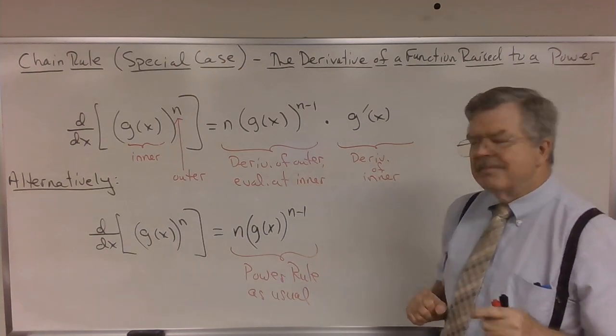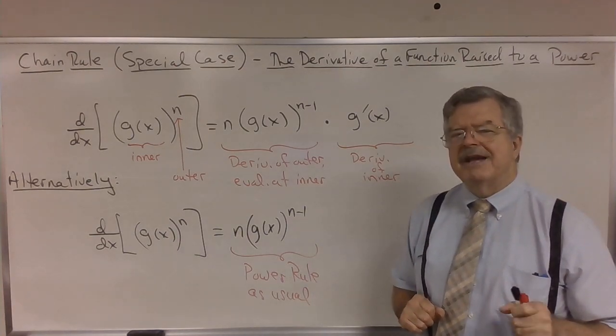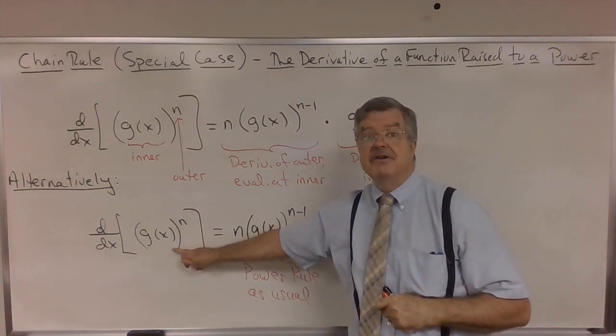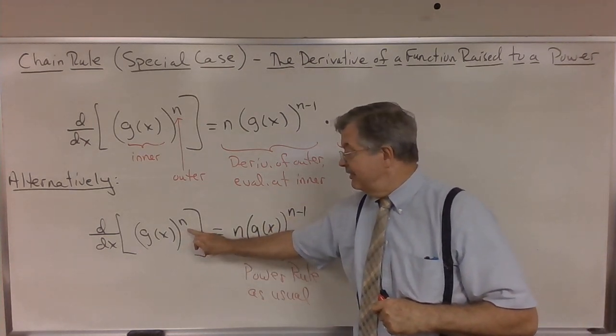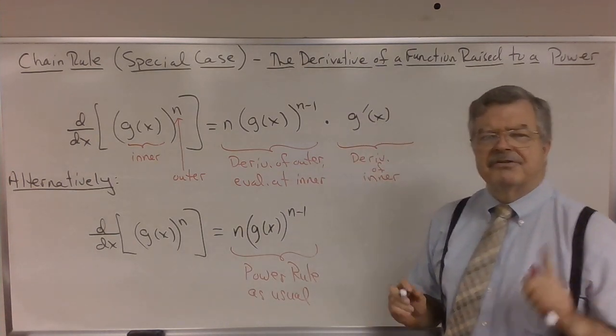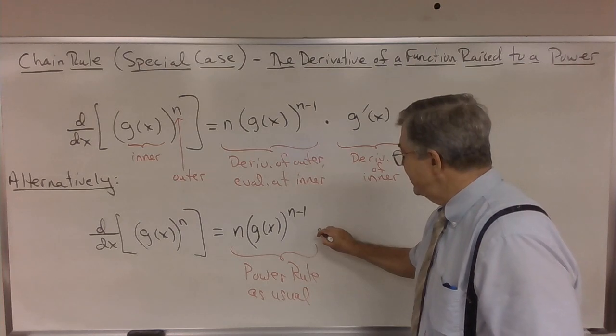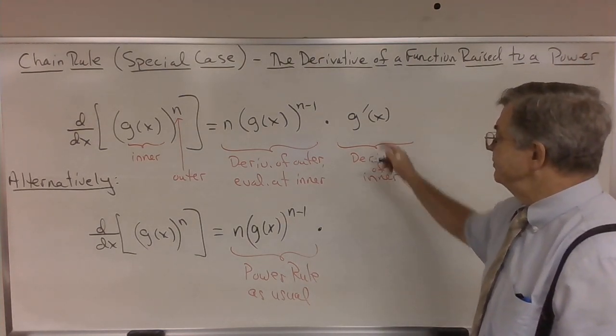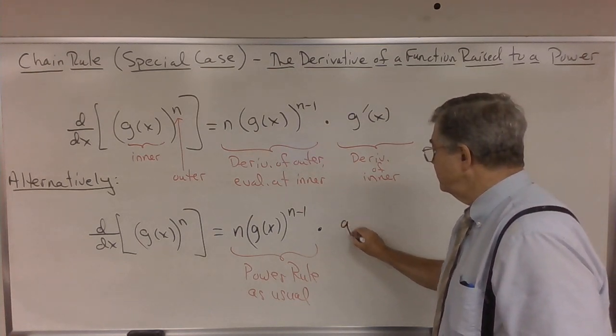But since we're not computing the derivative of x raised to a power, but instead we're computing the derivative of a function, g of x raised to a power, the power rule doesn't work per se. We have to add this corrective factor. And that corrective factor is g prime of x.